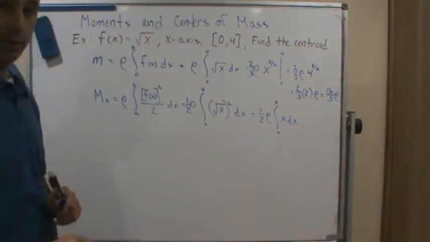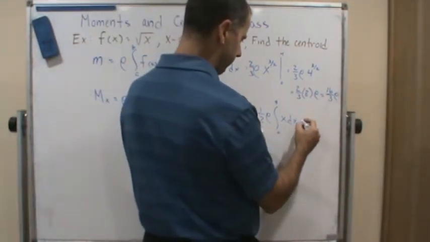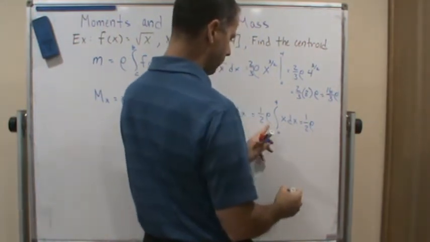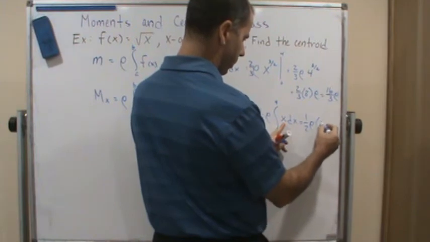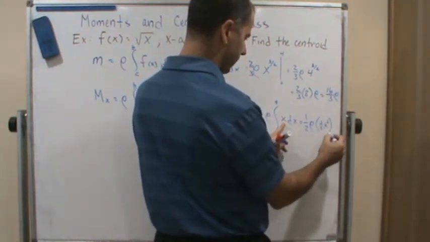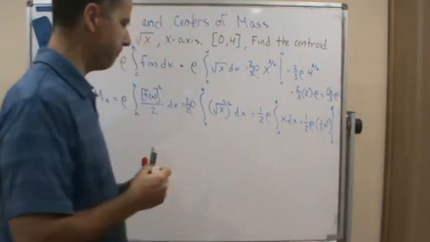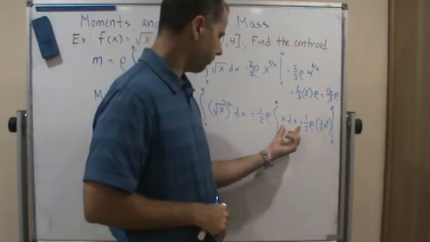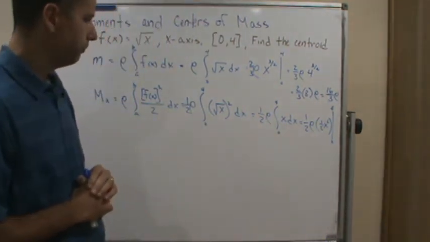Now if we integrate this, we're going to get 1/2 times rho times 1/2 x squared, evaluated from 0 to 4.